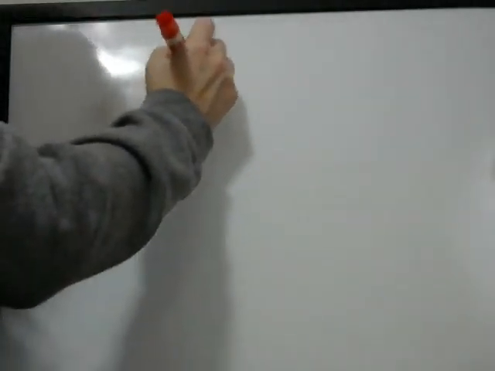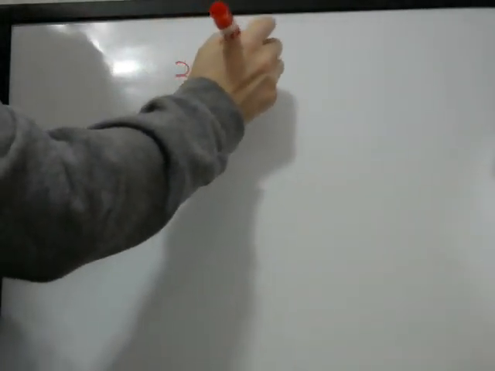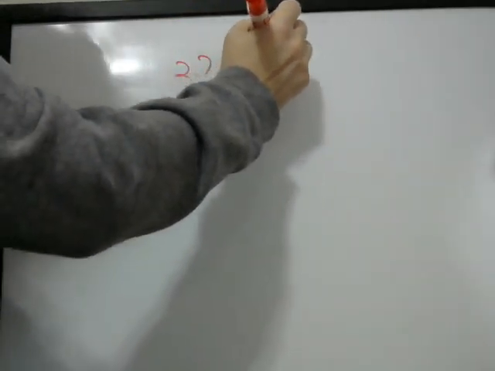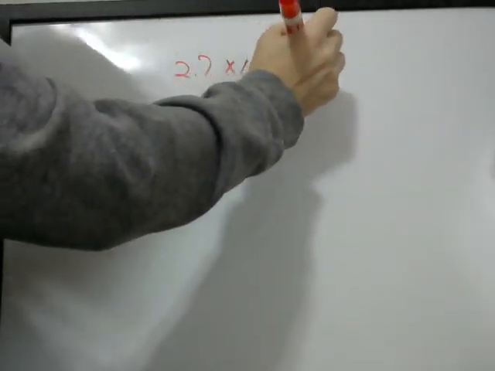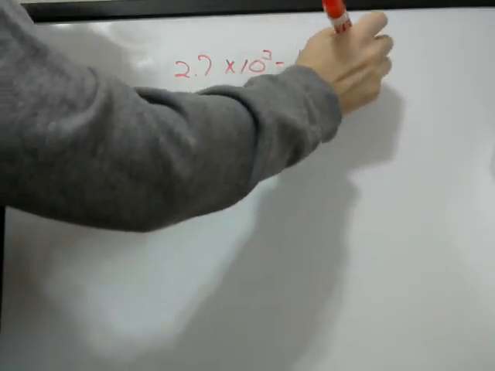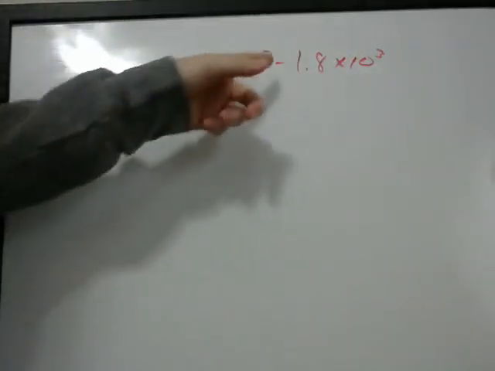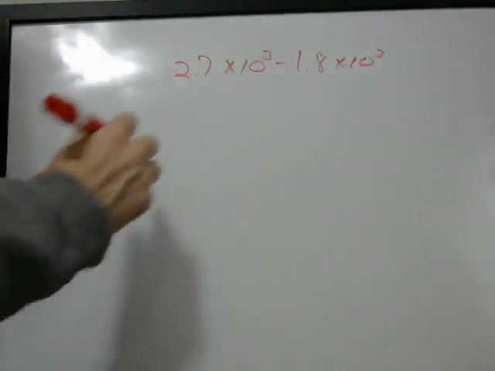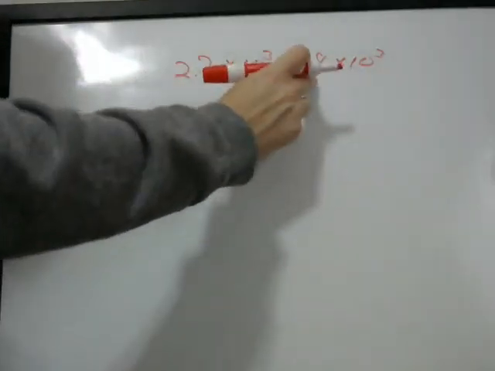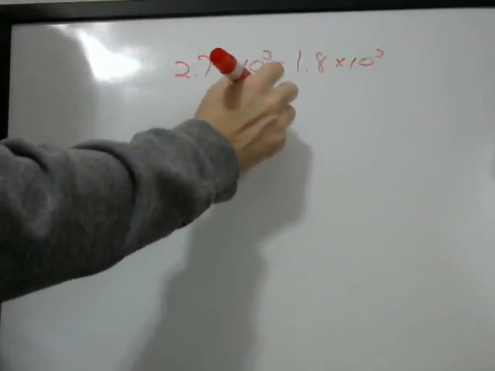Let's say we had 2.7 times 10 to the 3 minus 1.8 times 10 to the 3. Again, both of them have a 3, so we can do it the shortcut way. 2.7 minus 1.8 is 0.9.